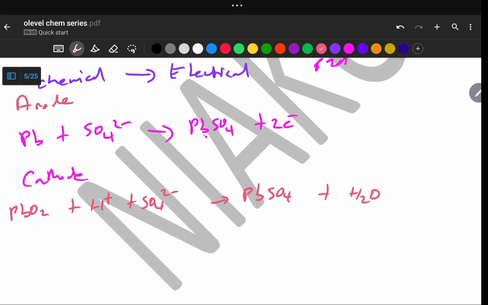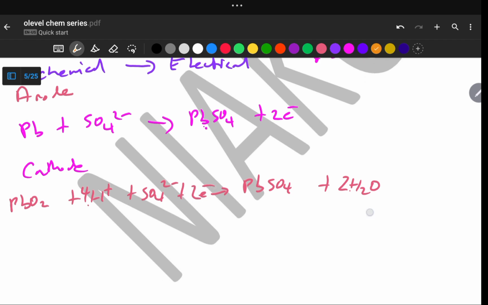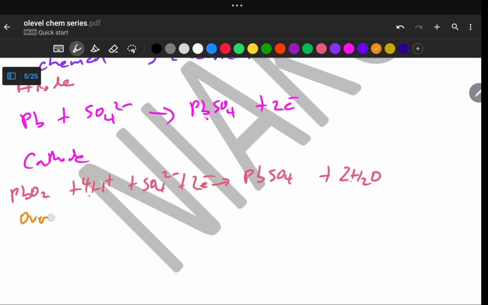To balance this equation, we can have a 2 here and a 4 there, and then we can have two electrons here, right? So for the overall reaction, we can simply add these two equations. This one will cancel out with this one because they are on the opposite sides of the equation, right?